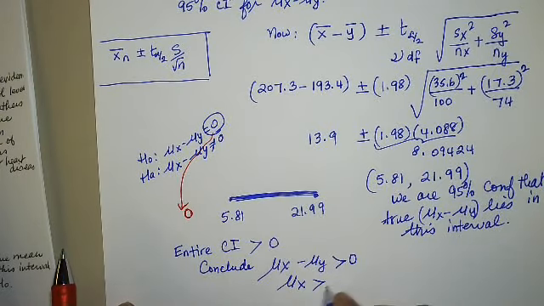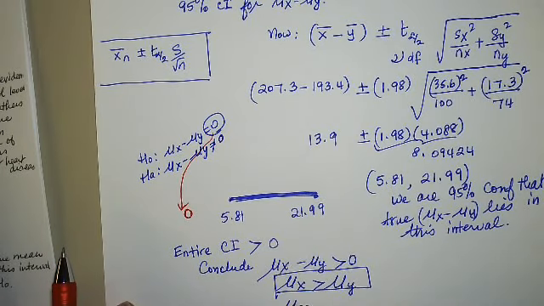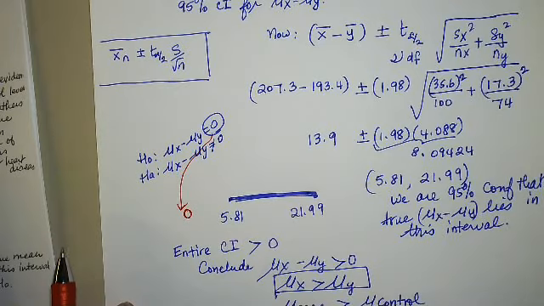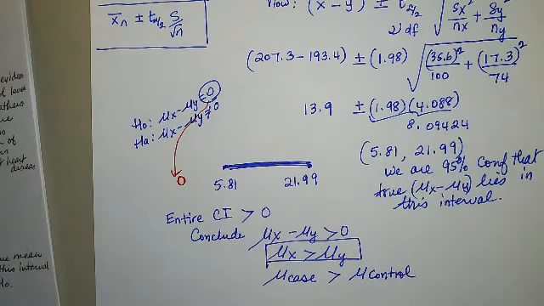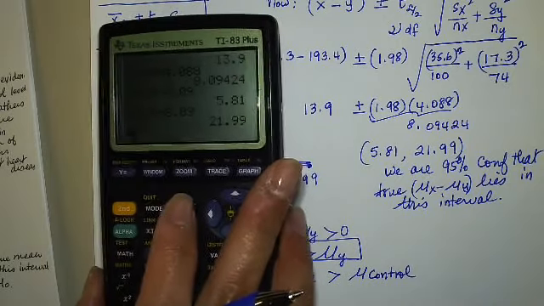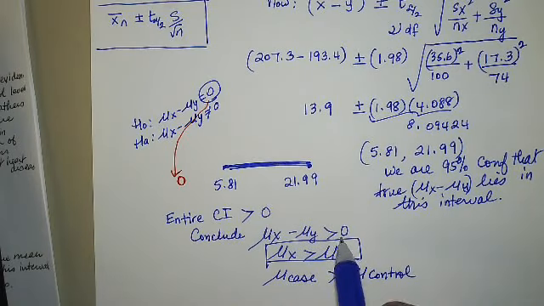And I see that the entire confidence interval is greater than 0. So conclude that mu x minus mu y is greater than 0, or mu x greater than mu y, or mu case greater than mu control in my case. Follow me?